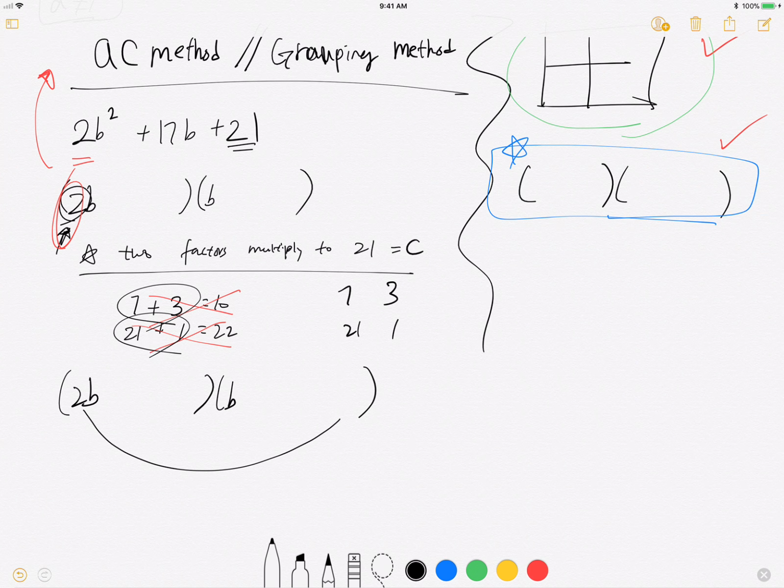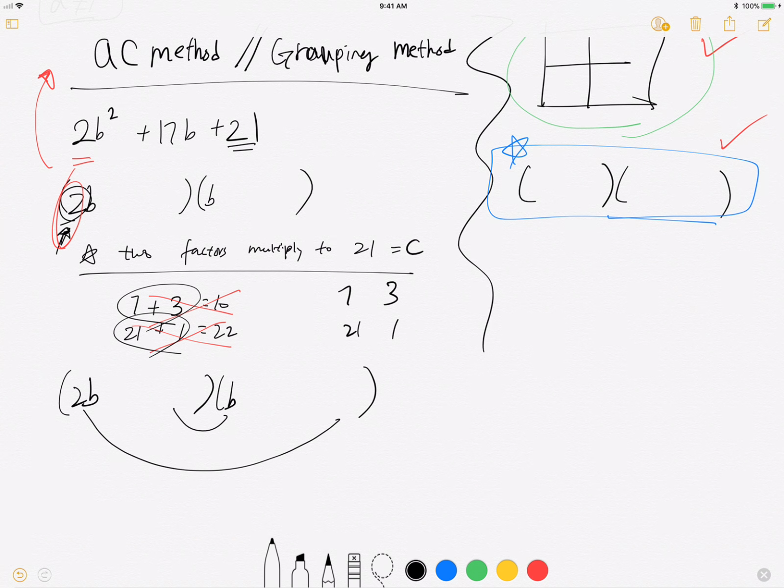First, I consider the outside and the inside, and I plug it in. Let's say I do 3 and 7 like this, and they both have to be plus, because this has to be positive as well as this has to be positive. Two factors that multiply to give you a positive number and also add to give you a positive number can only mean that these two signs have to be positive.